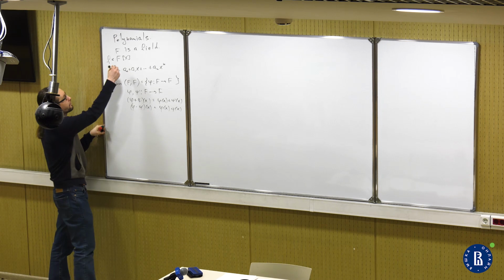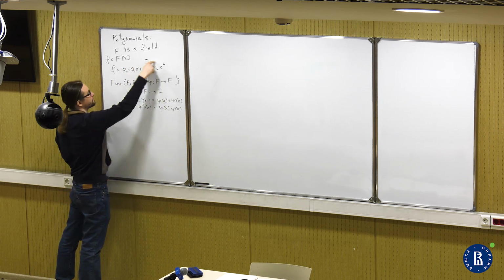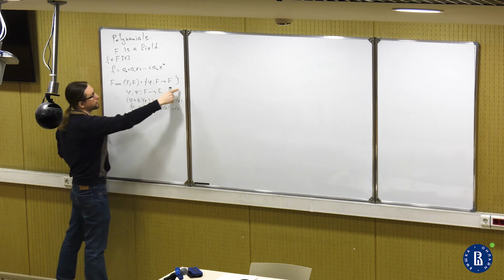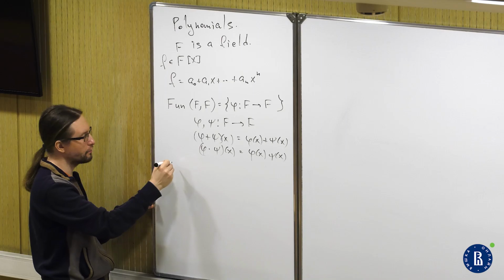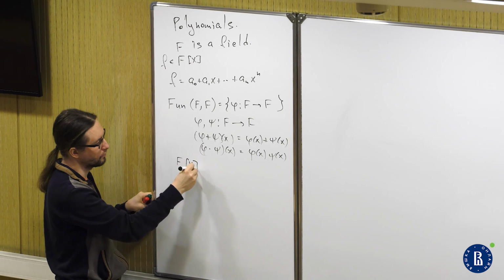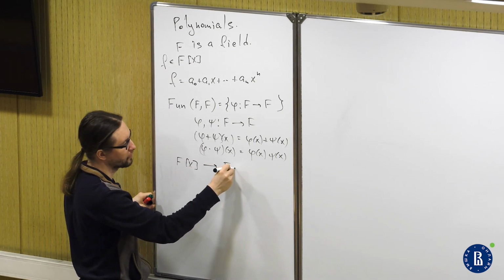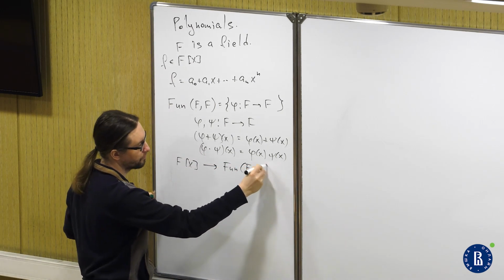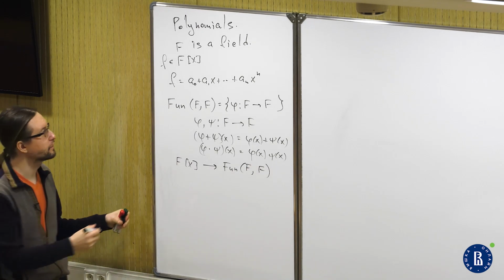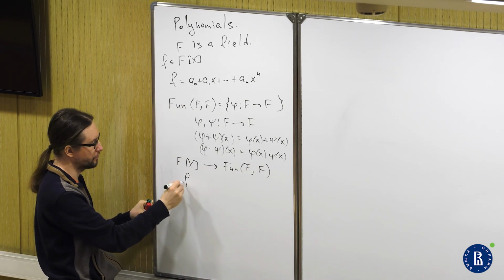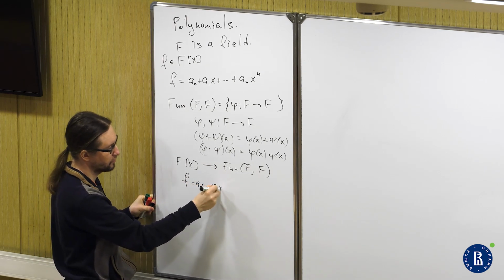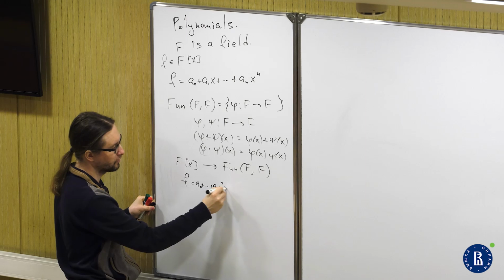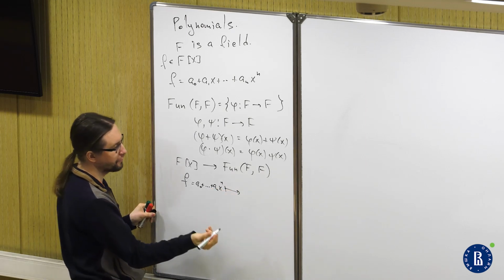So we have a ring of polynomials, which consists of these pictures, and we have a ring of functions, which consists of the functions from F to F, and we have a homomorphism from the first one to the second one. So if we have a polynomial, let's say, then we can produce a function.